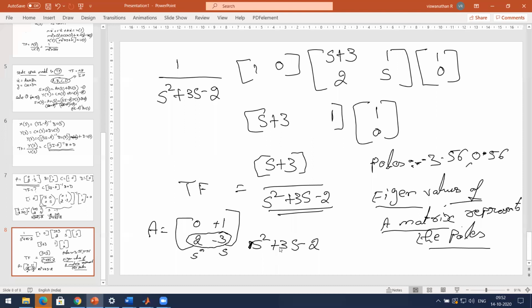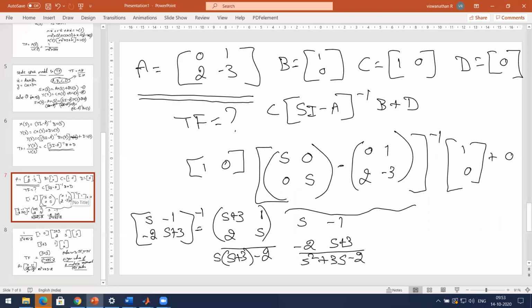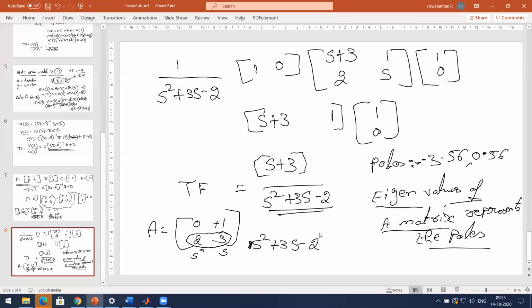Even if you don't understand this one, it's okay. Since you use this formula, you can still get the transfer function. The shortcut would be to use s square plus 3s minus 2 to get the poles of that transfer function.